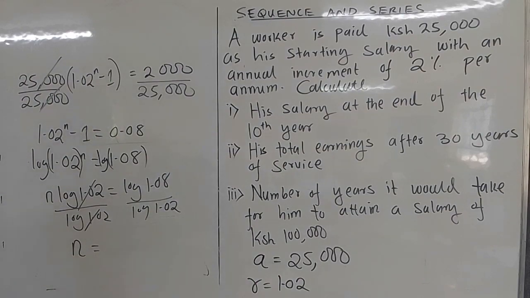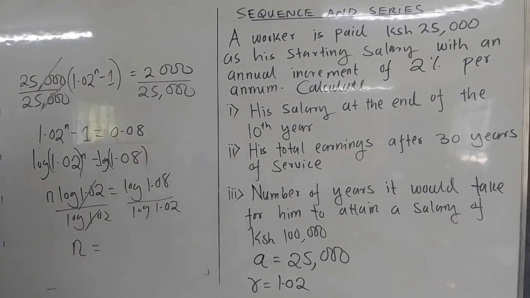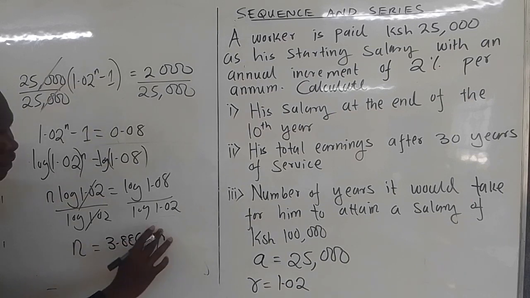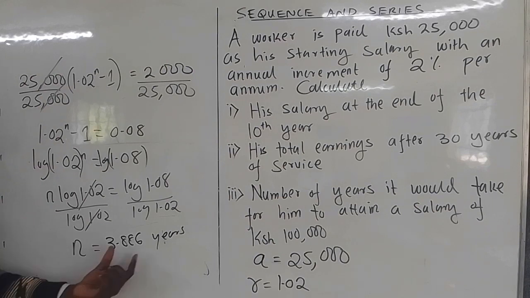So you were told how many years, which is 3.886 years. So if you want to change this decimal part into months, 0.886 into months, you multiply by 12, isn't it? To see how many months are there. But if you just leave it at the whole thing, it is years, isn't it? Are we together?